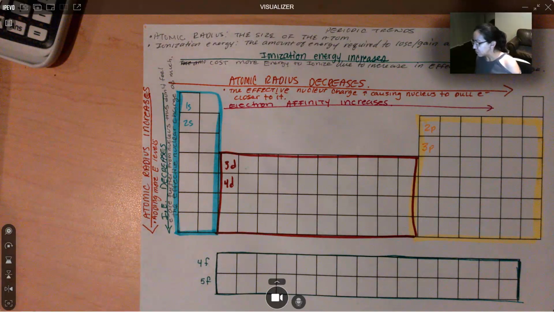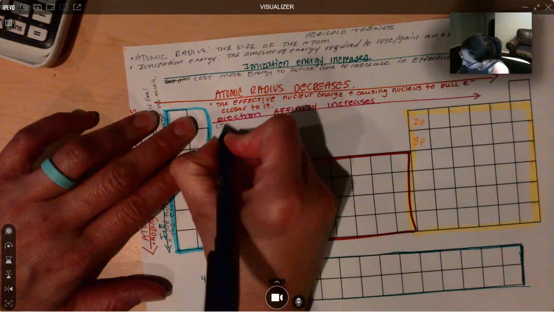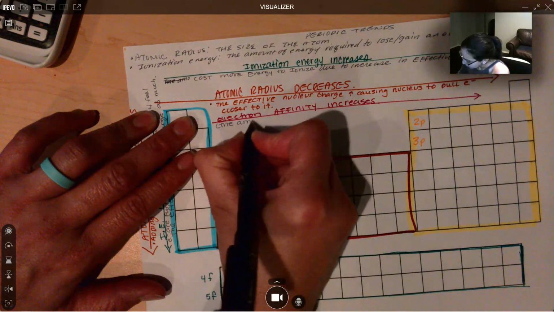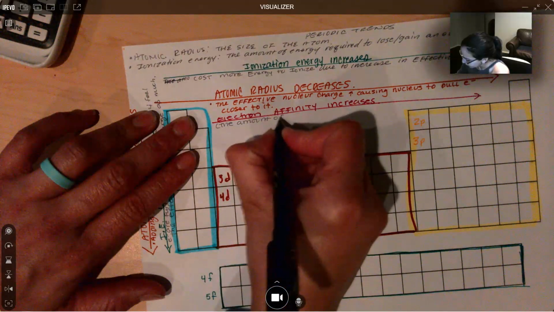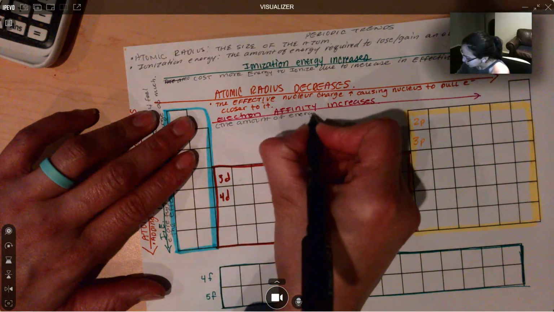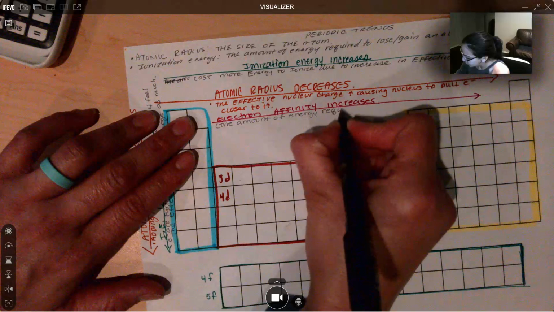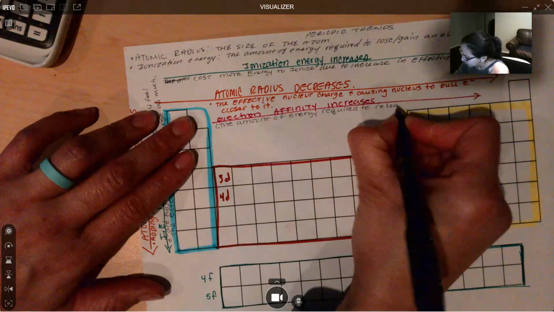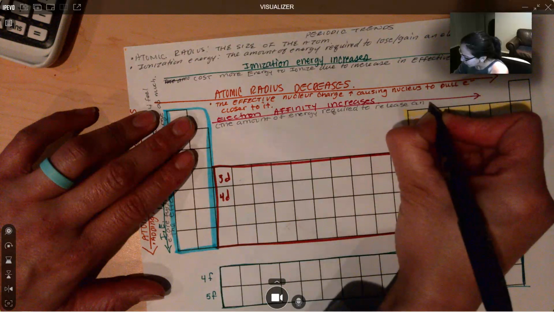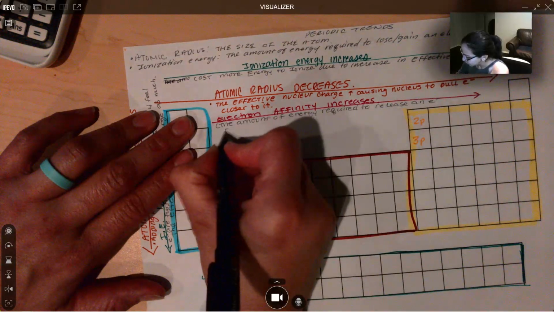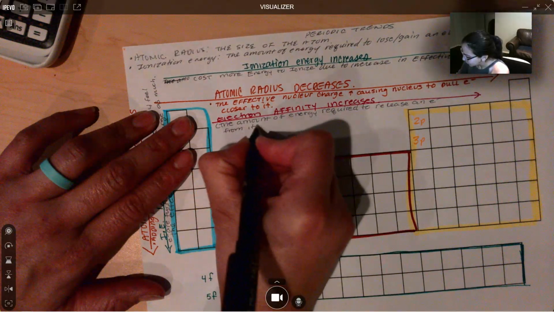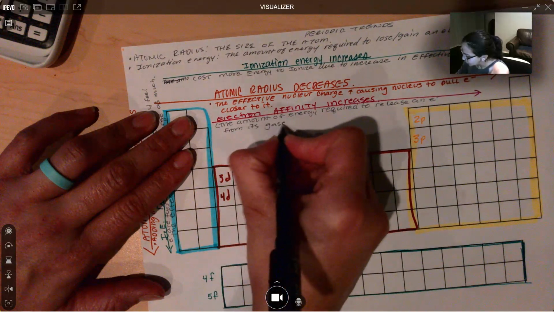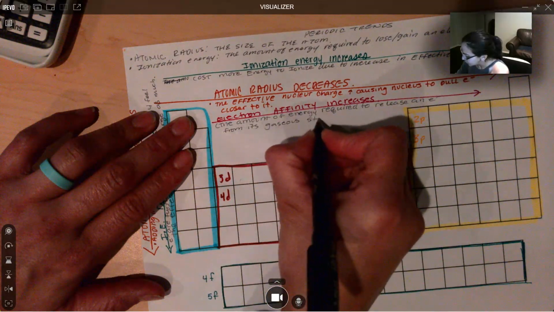So the amount of energy required to release an electron from its gaseous state.